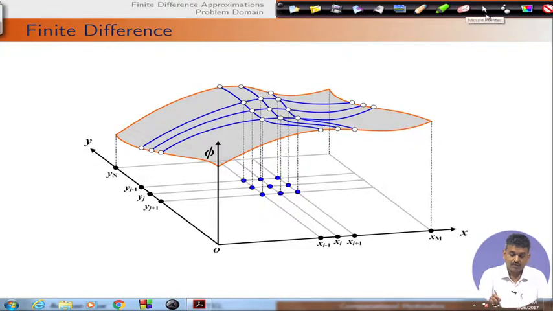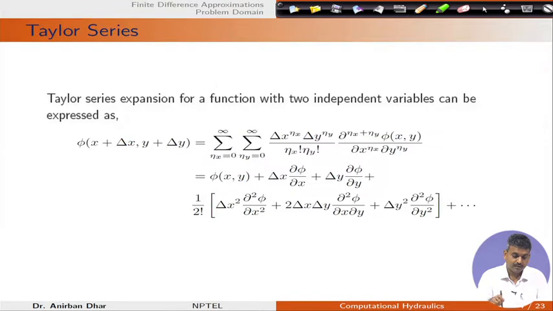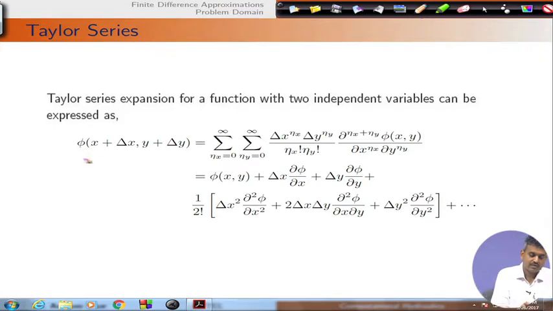So, with this setup we can use the Taylor series expansion. In Taylor series expansion, for that dependent variable phi, x and y are the two independent variables.